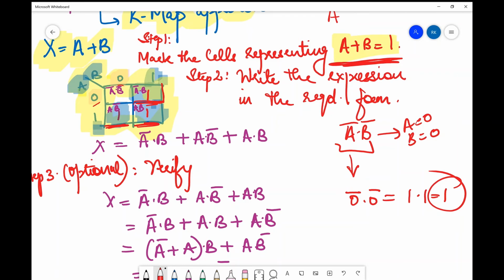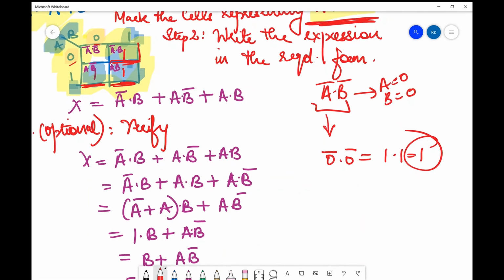So in the similar manner, for A equals 0 and B equals 1, our logical expression will be A bar, because A is 0, dot B, because B is 1, right? And you can validate that when I put A equals 0 here, 0 bar will become 1. So 1 dot 1 will become 1, which is required.